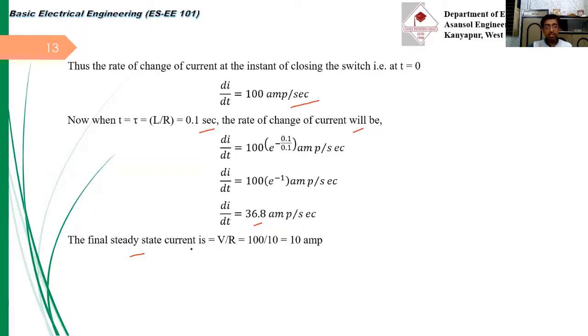In that case, the steady state current, or I can say our maximum current, both are the same. The steady state current value is 100 divided by 10, that is 10 ampere. Okay, so that's how you have to solve the problems.